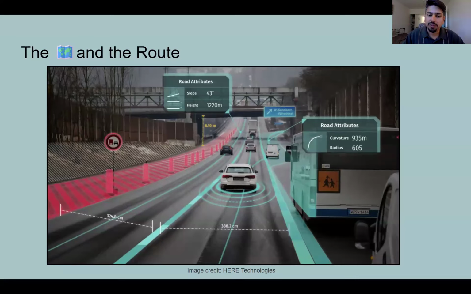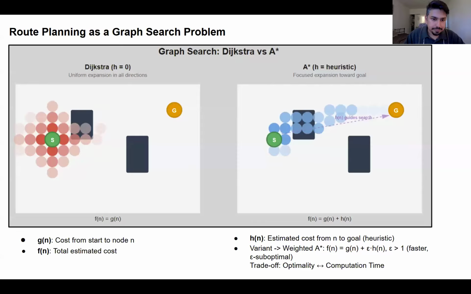In that case, you will trigger a replanning of your route, or if you've already taken into account all the possibilities, you will not be triggering another replan, and you can just use your prior search to guide you along this new route that you might have found yourself in.